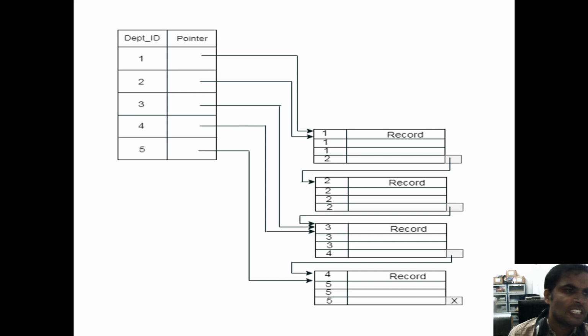Now take department IDs 1, 2, 3, 4, 5. The pointer is a data reference, pointing to the record. For your understanding, department 1 is computer science, and we have a record for it. Under department 1, the computer science and ECE branch faculty are also teaching. Department 2 is ECE, and faculty exist under department 1 also; it points to the second record.